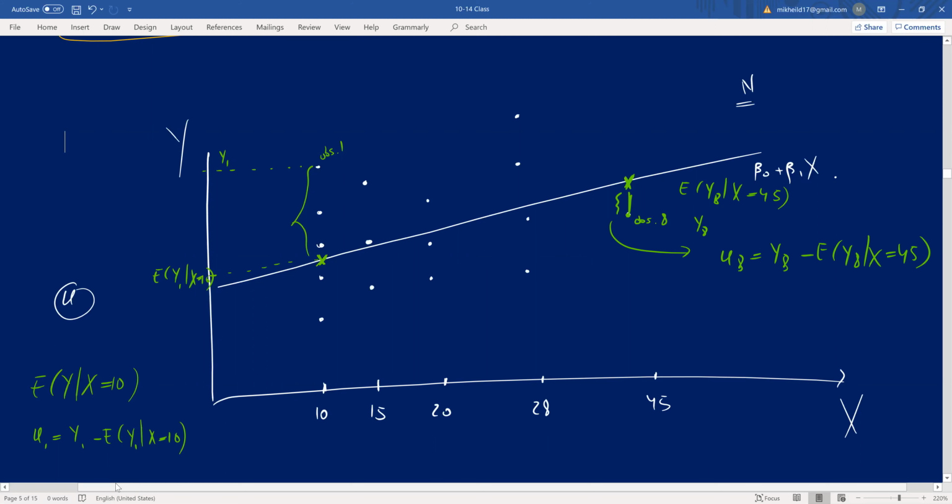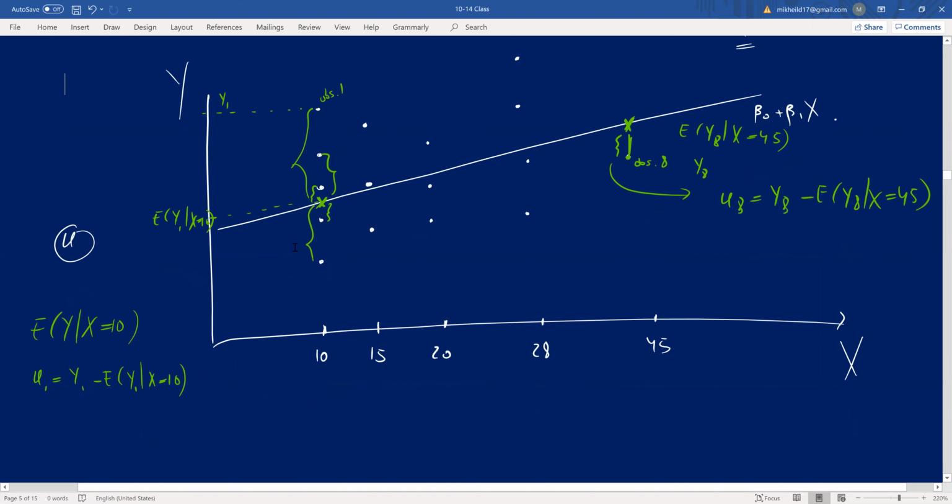But you have a lot of, so those are what? Disturbances, right? Yep. Can you calculate variance for that? Disturbances? Yes. And it will be a number, right? But that will be for x equals 10, right? Can you do the same thing for x equals 15, 20, 28, 45? Yes. You will have to just calculate the variances of the disturbances. Same thing here.